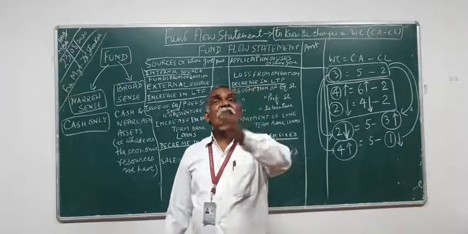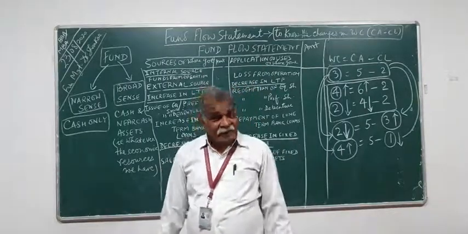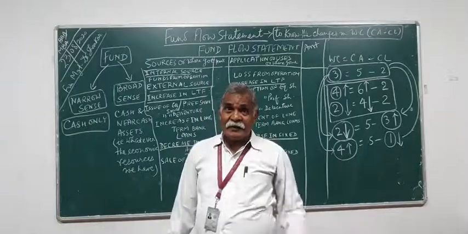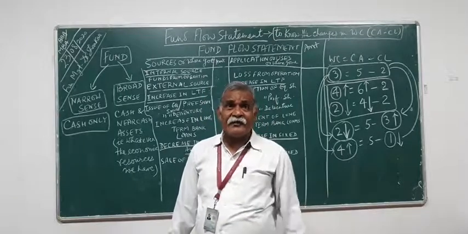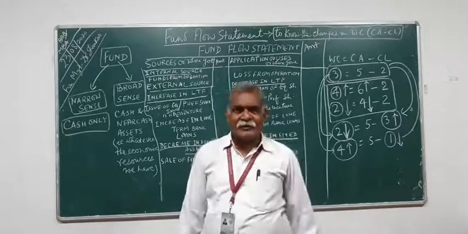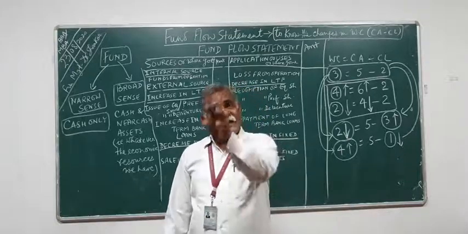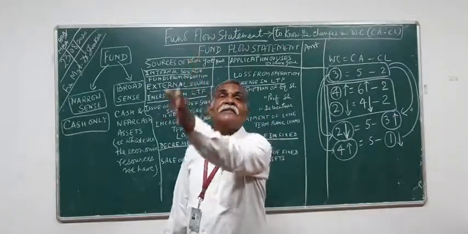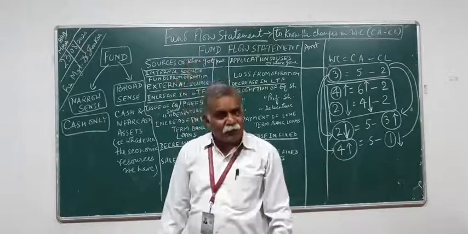Non-operating income means income which has no relation with operation, like rent received, dividend received, interest received. This non-operating income we add on the credit side, that is in gross profit.